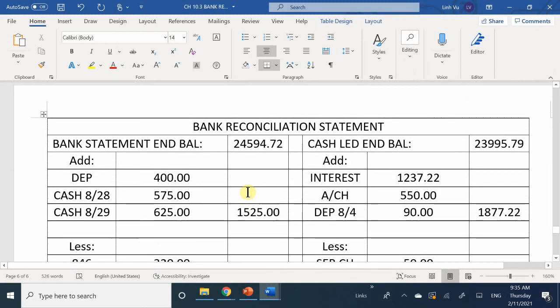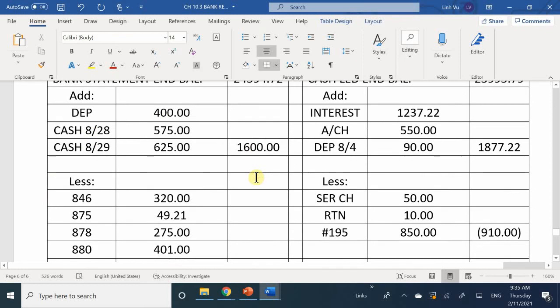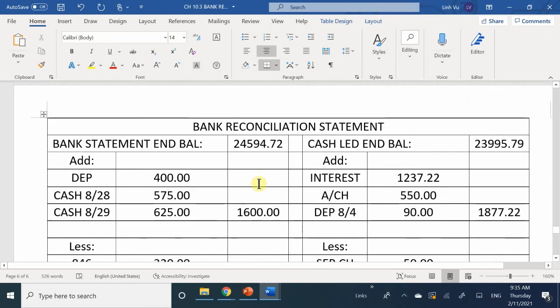What did you say, Dan? 1600. That should be 1600, right? Is it 575? We're missing the 75. Yeah, it's 600. Oh, yeah. Okay. 1600. 1600 even? Yeah. All right. So then let's go ahead and calculate your new total.